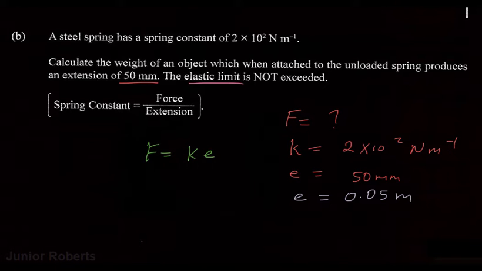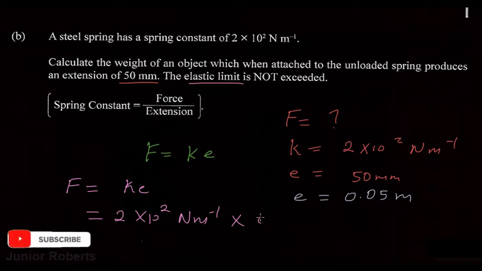So now we can plug this into our equation. F is equal to KE, K is 2 times 10 to the 2 newtons per meter, multiplied by 0.05 meters.